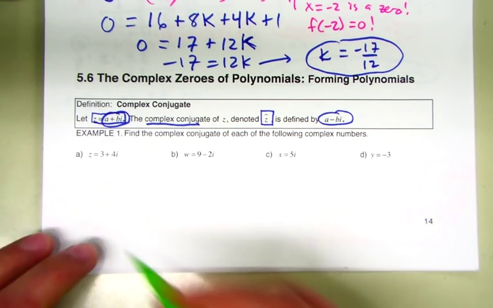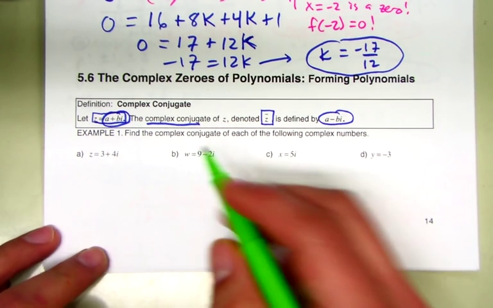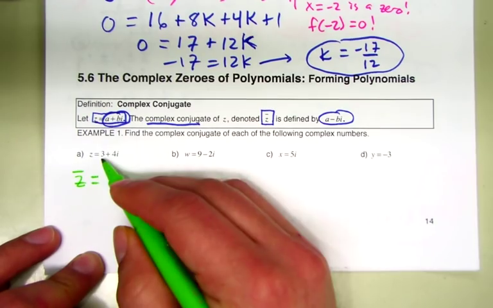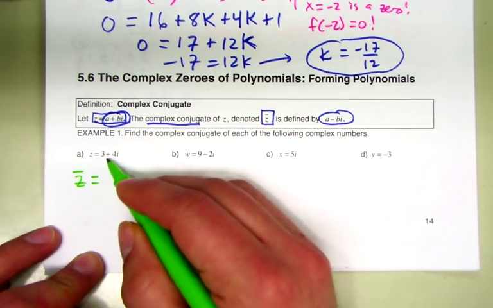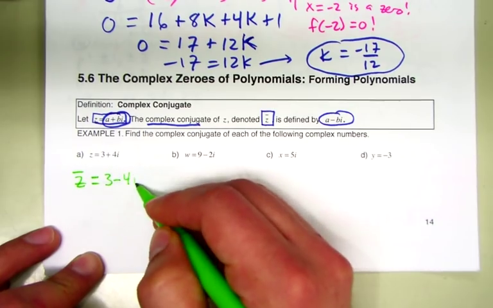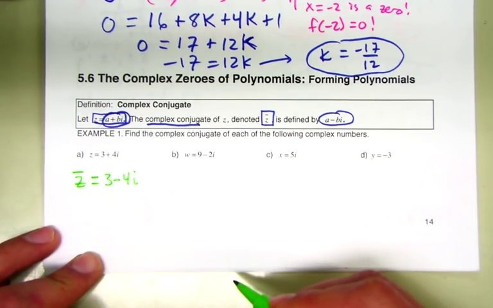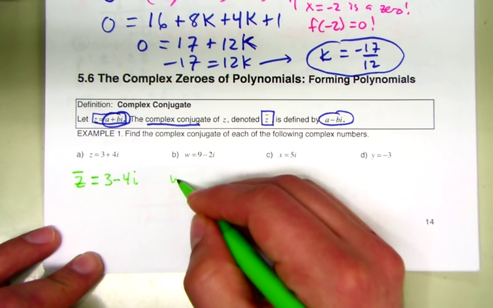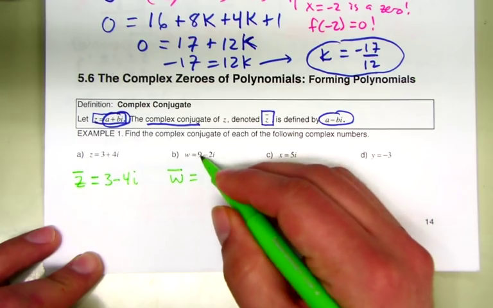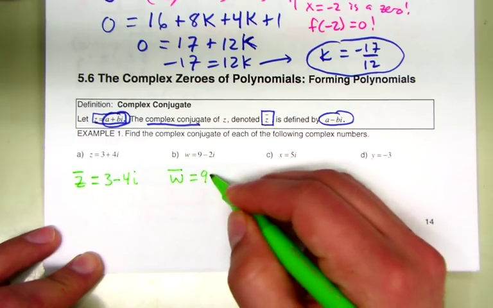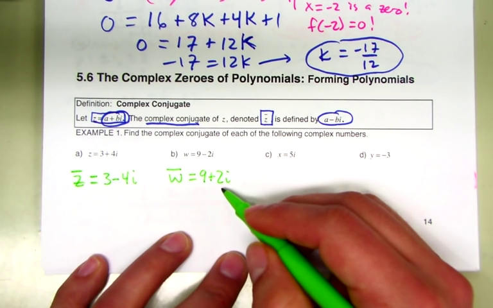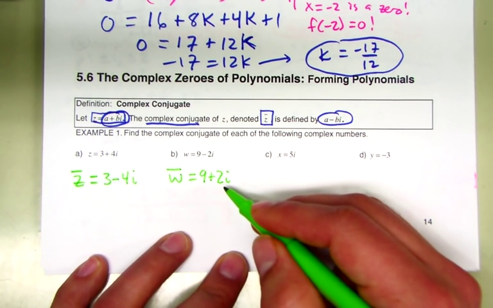So, for example, this first problem here, the conjugate, if we have 3 plus 4i, switch the imaginary so it's opposite of what it is now. Now we have 3 minus 4i. Pretty easy. The conjugate of w would be now opposite of minus 2i is positive 2i, so 9 plus 2i. Again, all we're doing is taking the opposite of the imaginary term.